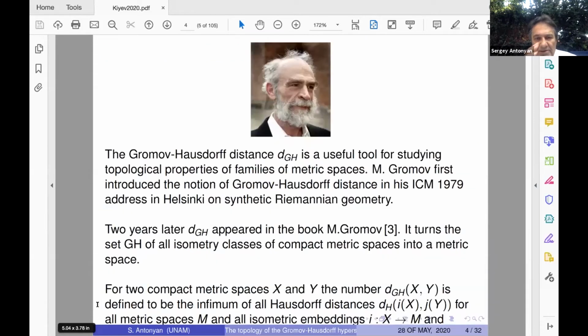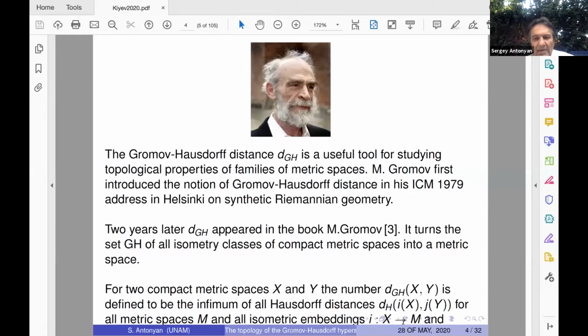This idea was used by Mikhail Gromov to introduce a distance between two compact metric spaces. The idea is quite similar and simple. He embeds X and Y isometrically into M, where i from X to M and j from Y to M are isometric embeddings.